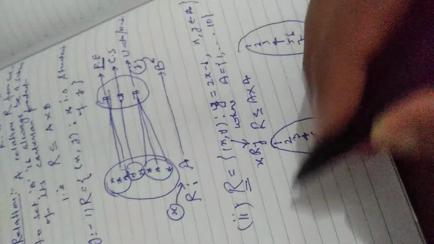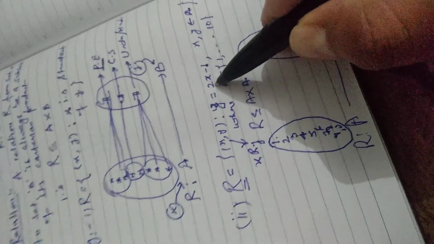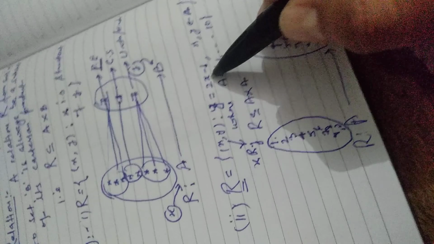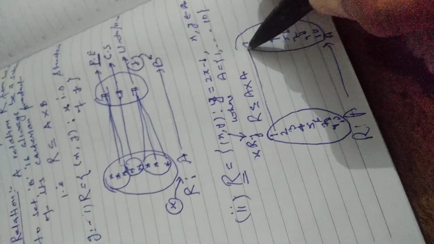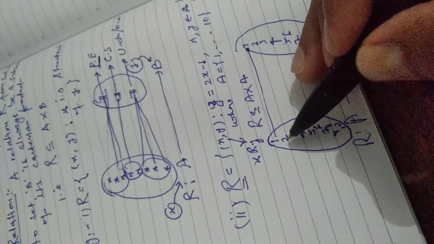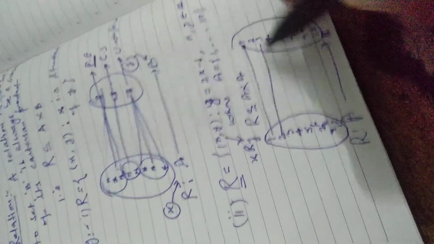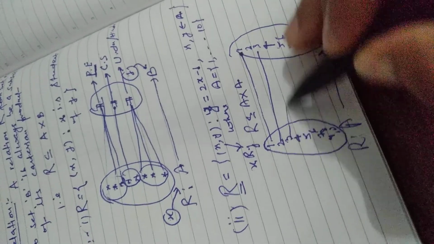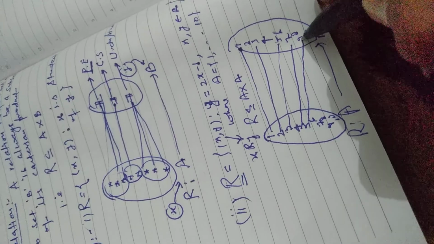So 1 goes to, then y is equal to 2x minus 1. It means if x is equal to 1, you get y as 1. It means 1 is related to 1. When x is equal to 2, you get 3. 3 goes to 5, 4 goes to 7, 5 goes to 9.